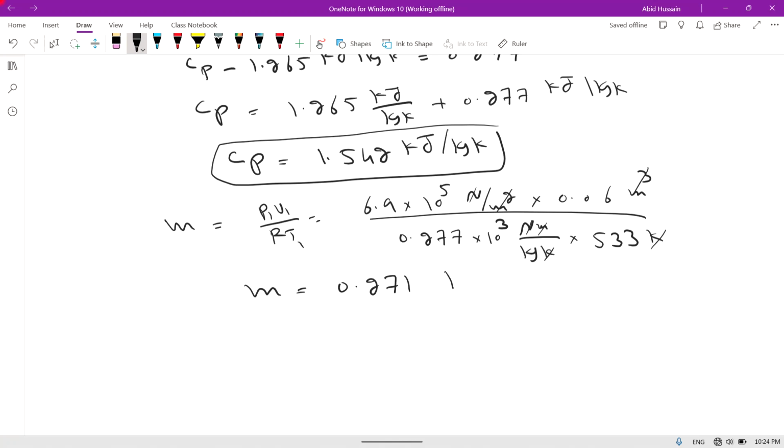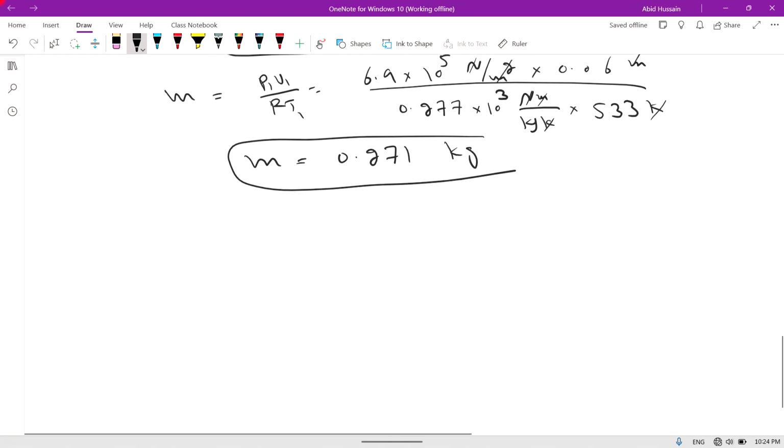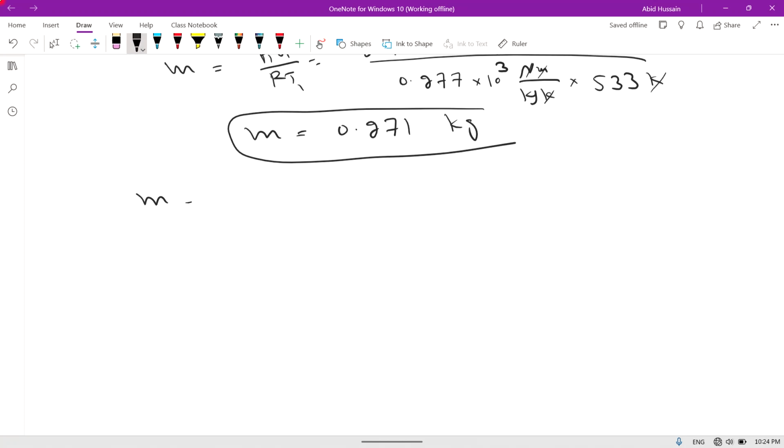So mass will be equal to 0.271 kilogram. Now work done is equal to m(u2 minus u1), where u is equal to Cv T. So u2 minus u1 is Cv T2 minus Cv T1, which is m Cv (T2 minus T1), as Cv is common in both.